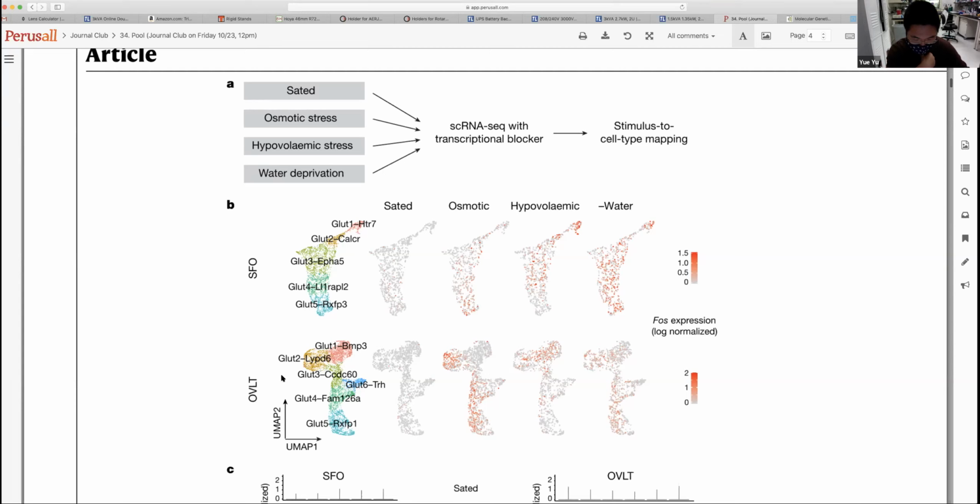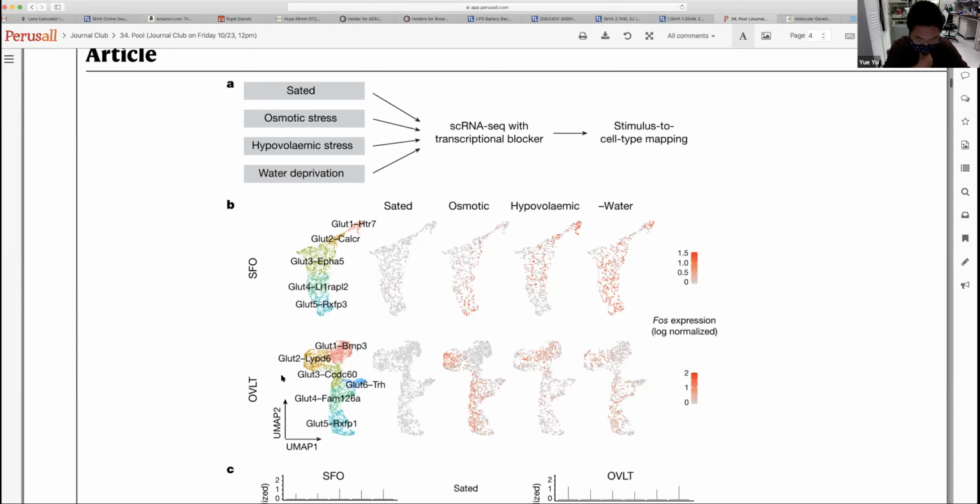In B, we can see that in the control condition, the mice don't have a response, so that's pretty normal. But between the osmotic and hypovolemic conditions, there are distinct neurons that are expressing FOS, indicating that they are excited during these 2 conditions.